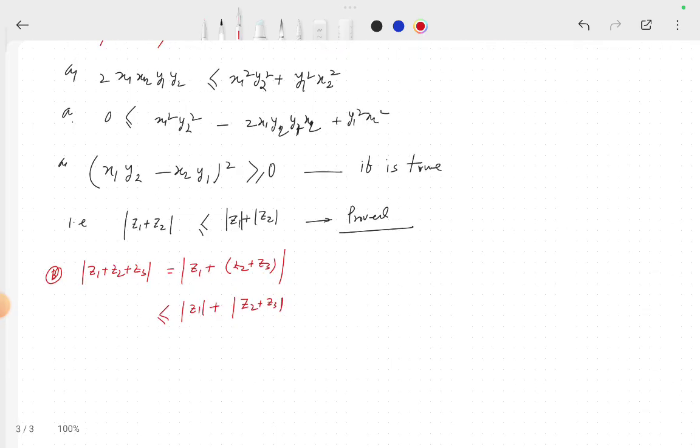Again, for z2 plus z3 you already know from equation A. So it is again proved.